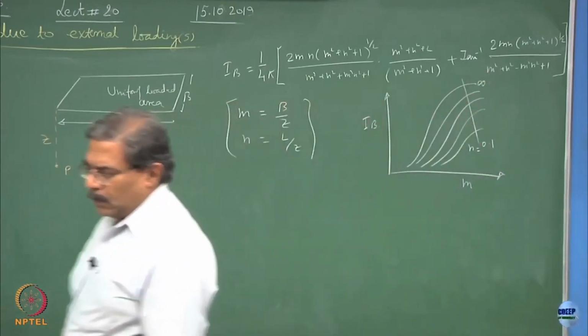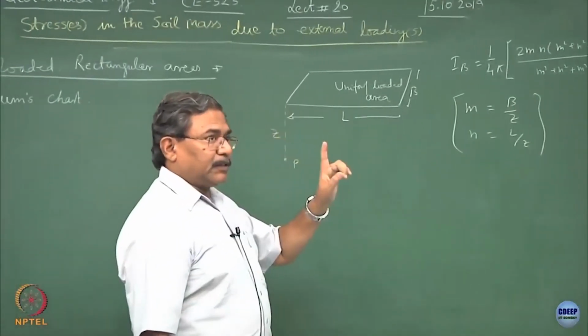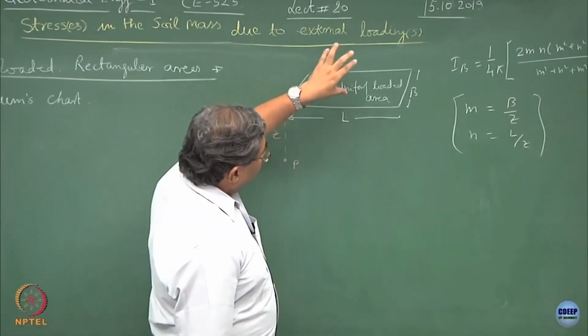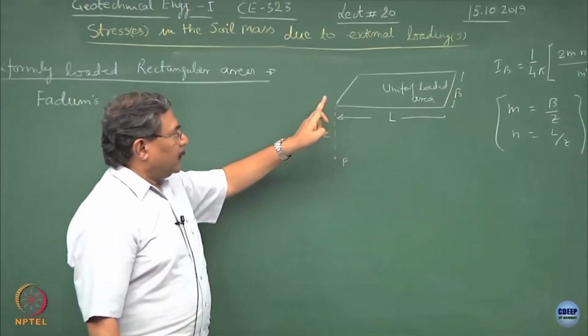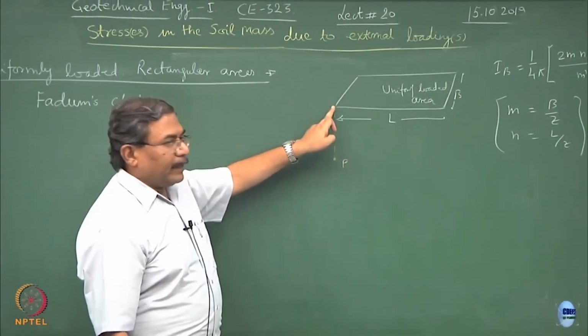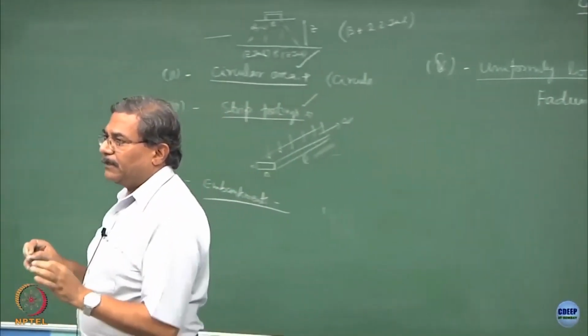This is a peculiar solution, one of the solutions I would say. If you have a uniformly loaded area of B and L, you can find out the state of stress exactly at the edge or the corner point of the loaded area, alright.